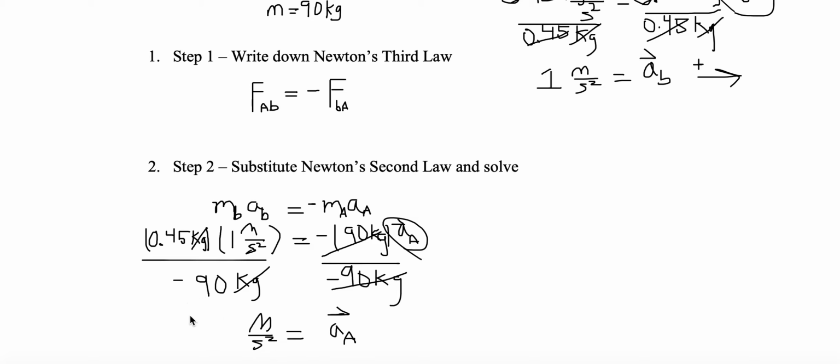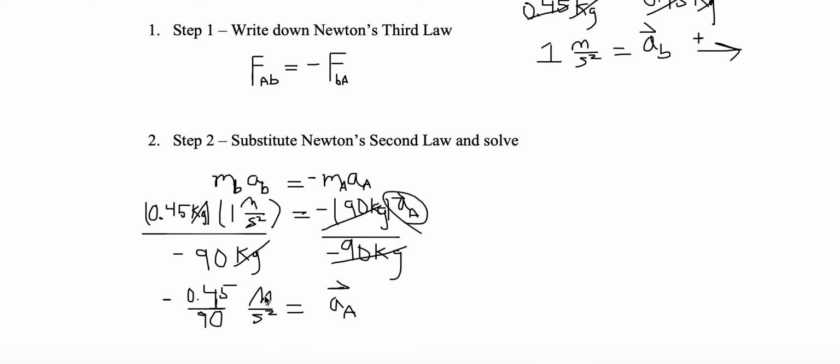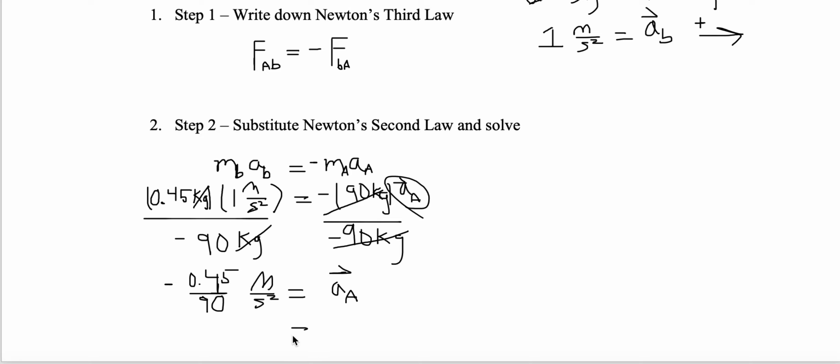And we're left with 0.45, and we're going to divide that by 90. And we have a negative sign, so there's that minus sign right there. So 0.45 divided by 90 is just basically a half.